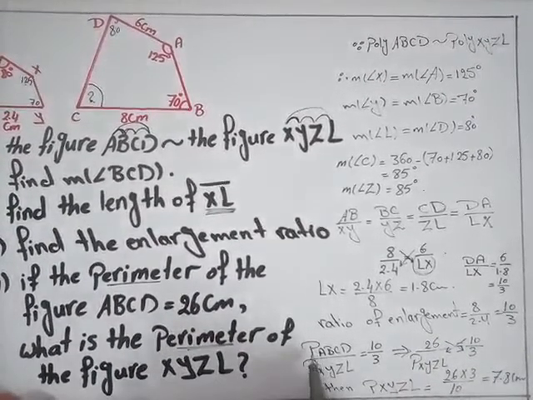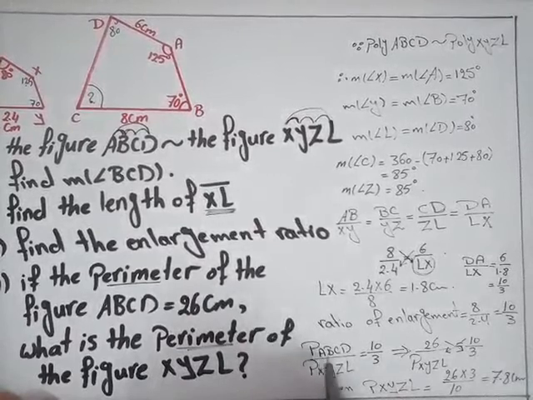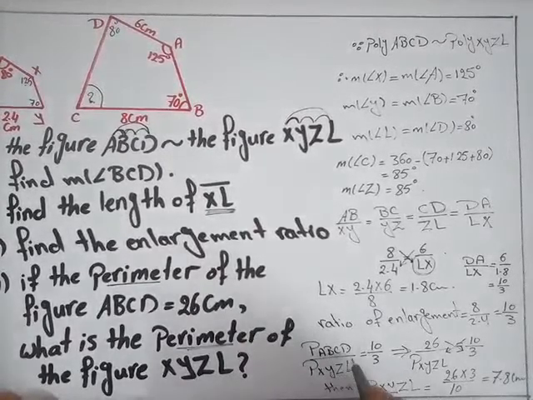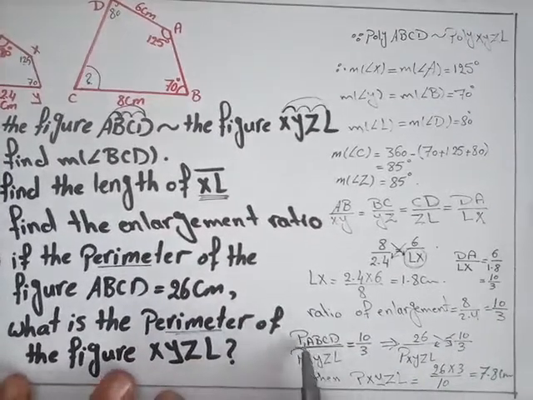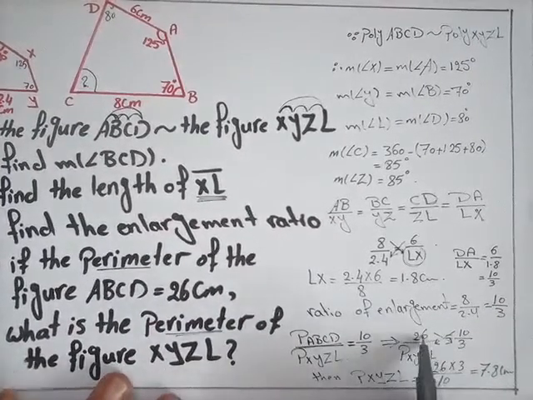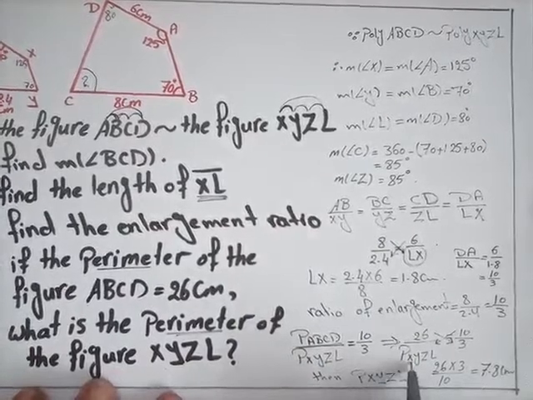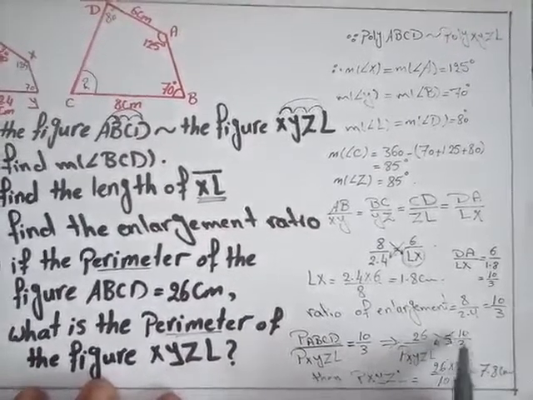It means the perimeter of ABCD over the perimeter of XYZL equals the enlargement ratio, which is 10 over 3. So the perimeter of ABCD, 26, over the perimeter of XYZL equals 10 over 3.